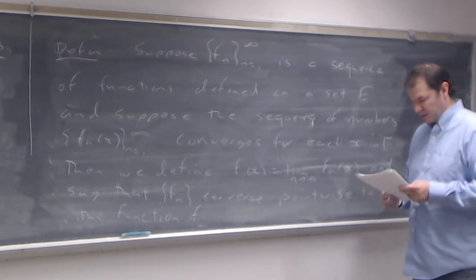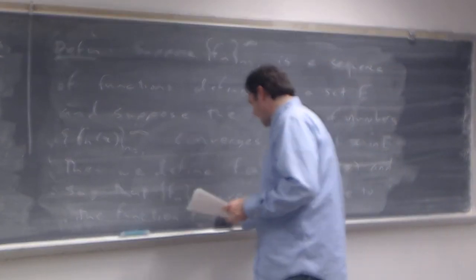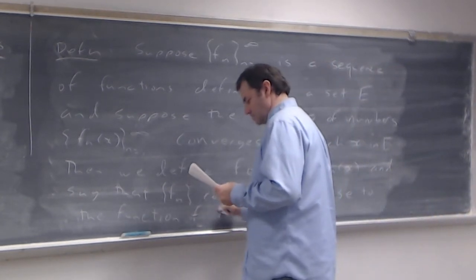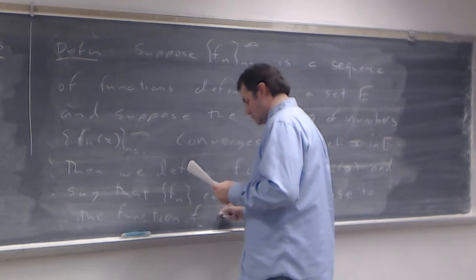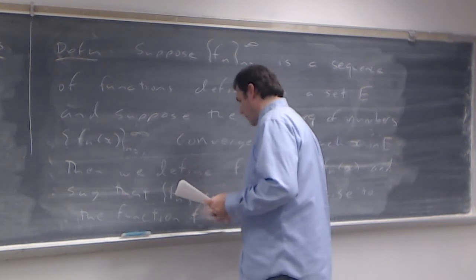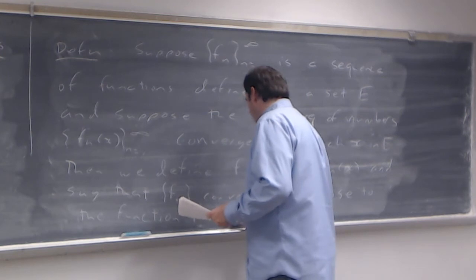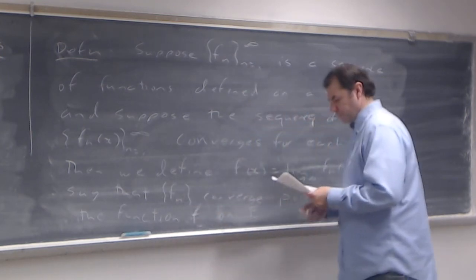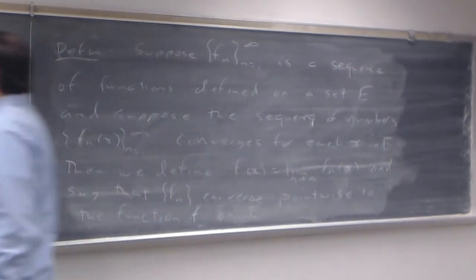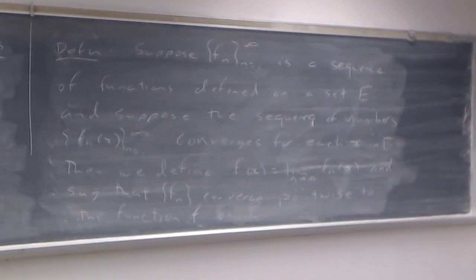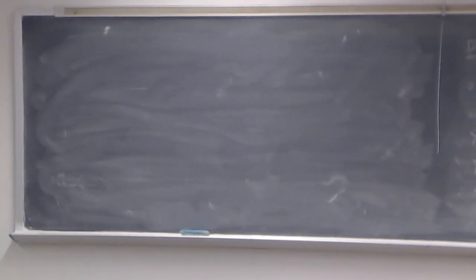So I say converges pointwise for each x in E to the function f on E. Now I'd like to give a more verifiable description here. It's a little bit more technical.